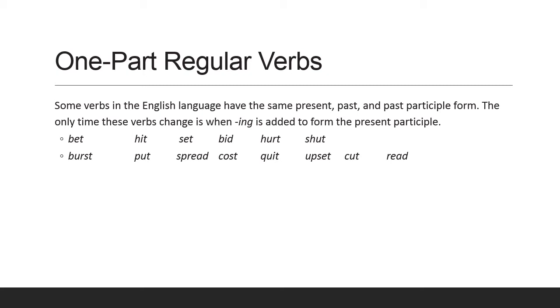So these are some verbs which have only one form in their present, past and past participle. Hit, set, bid, hurt, shut, burst, put, spread, cost, quit, upset, cut and read.